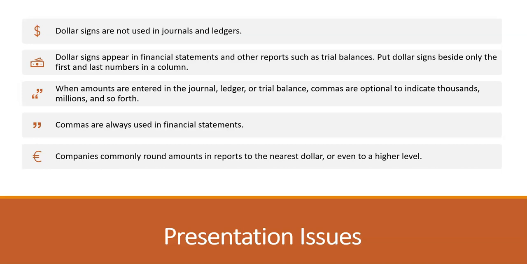For the purpose of this class, everything will come out evenly to dollars. But if we had change and cents, we would, for our financial statements, round to the nearest dollar. This is also common for tax forms for IRS purposes.